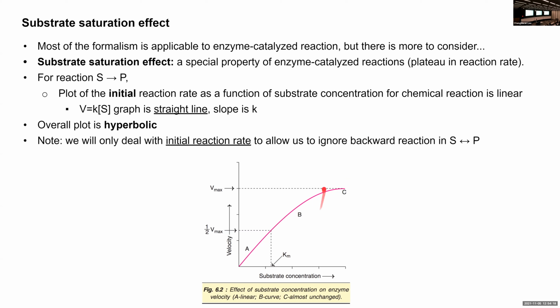If you have too much substrate, then definitely there are going to be lots of products, and the reverse reactions are going to be accelerated too, right? So there are lots of things to consider. To avoid that, during this course we're going to only think about the initial reaction rate.